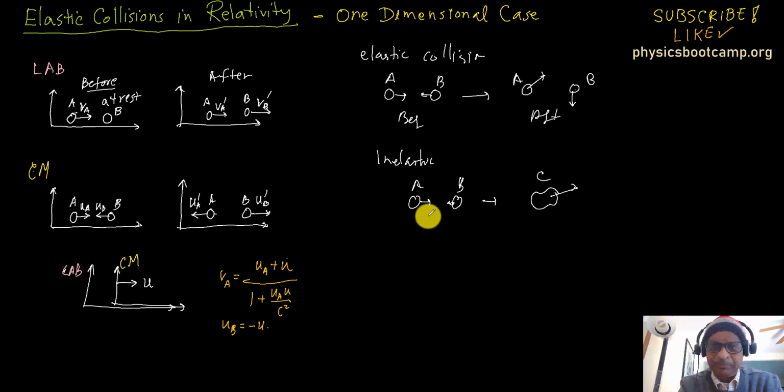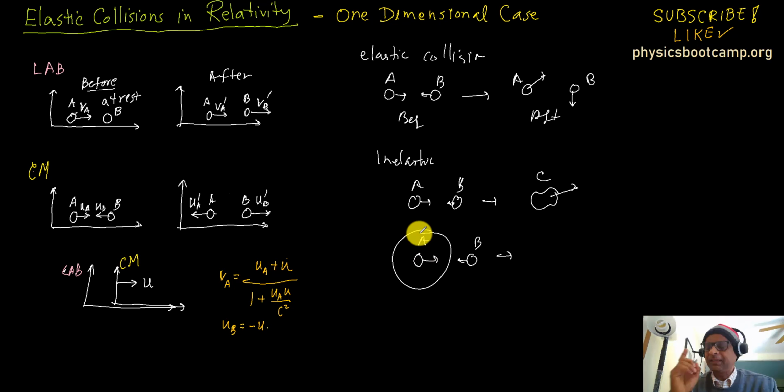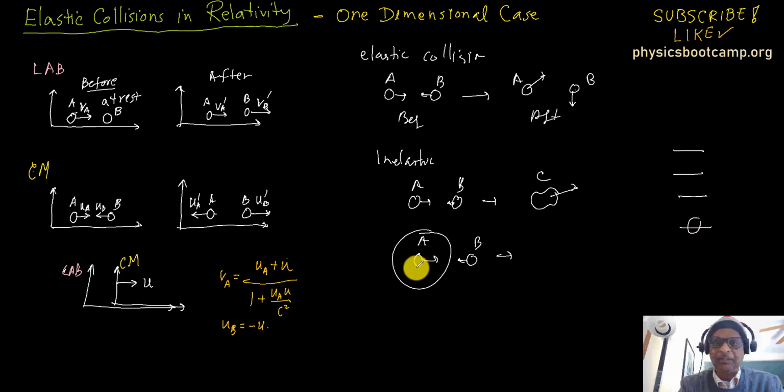Another inelastic case is where A and B hit, but what comes out looks like A, but it has internal structure like an atom and got excited to another state. So in quantum mechanics you have atoms, like a silver atom. This is the state it was in, but then it looks like A, but you have some A star.